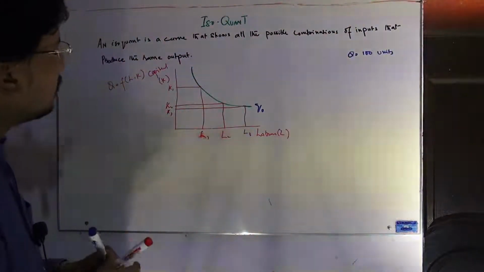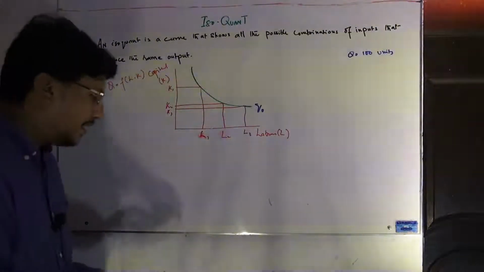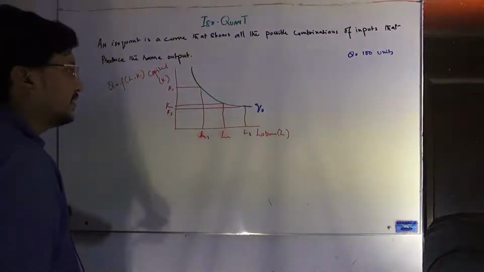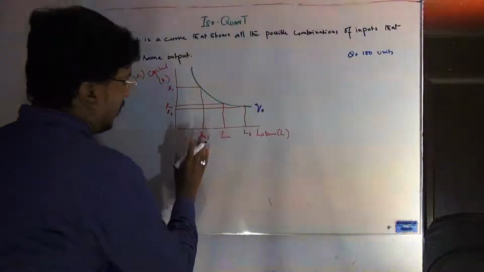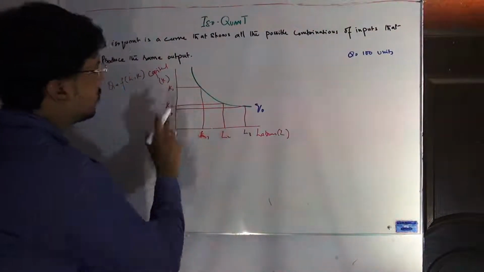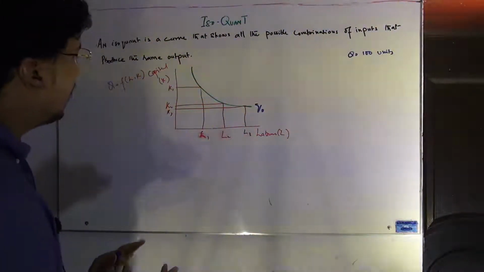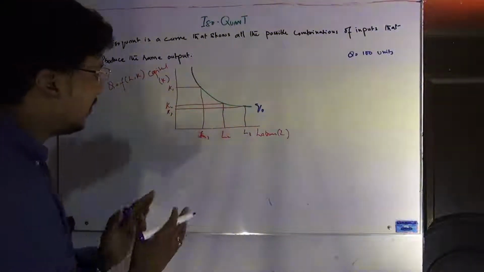Now the case is very interesting and we have to understand what is happening here. How can we interpret this? By using L1, K1, the firm is producing 100 units. The firm is interested in increasing the labor.